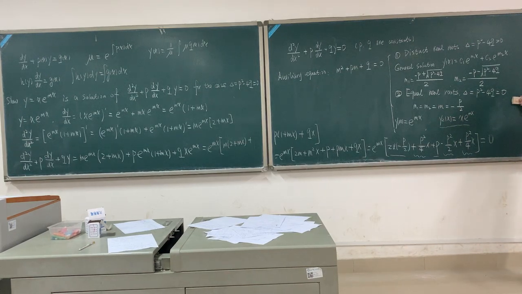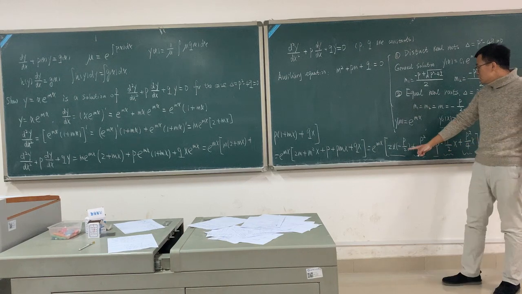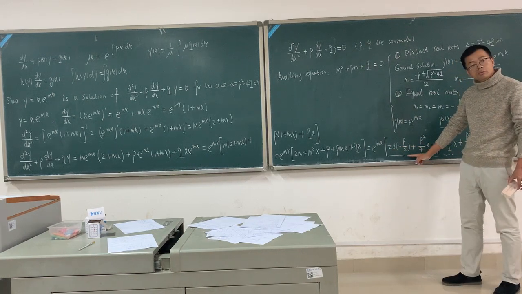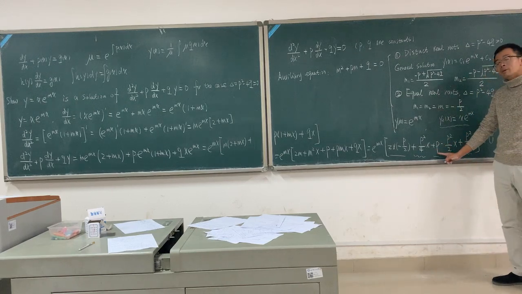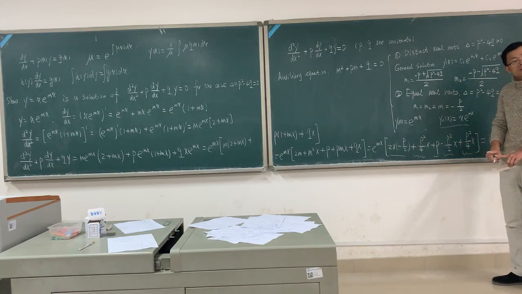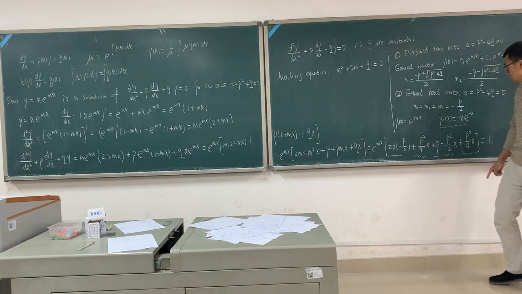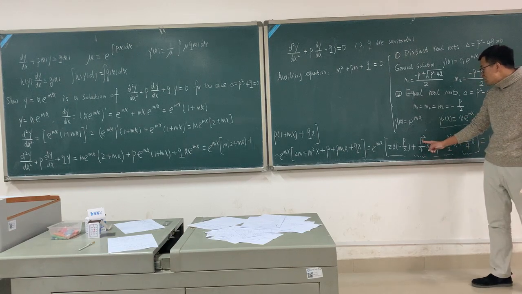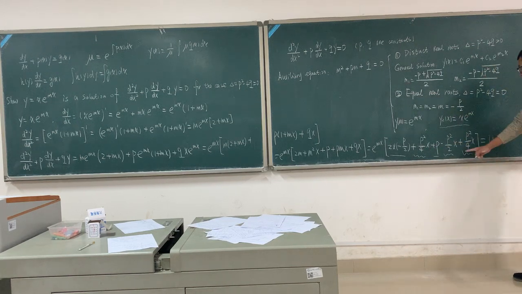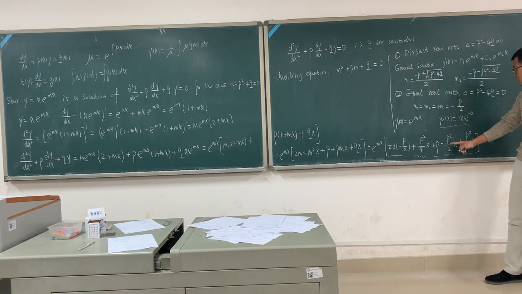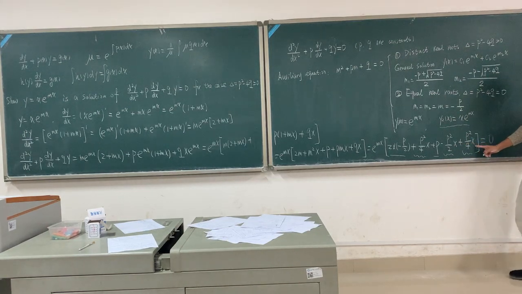I didn't understand the last one. Why? So here is 2 times minus p by 2, so here is minus p. Here minus p, here plus p, so these two terms cancel. And this term is p squared by 4 times x, here is minus p squared by 2x, here is p squared by 4x.